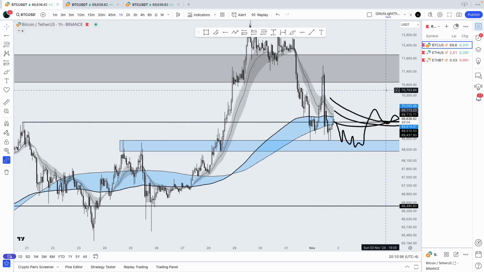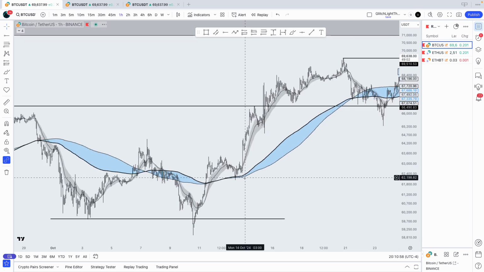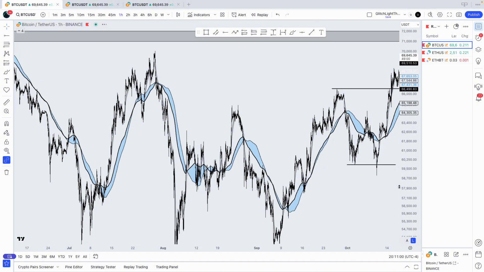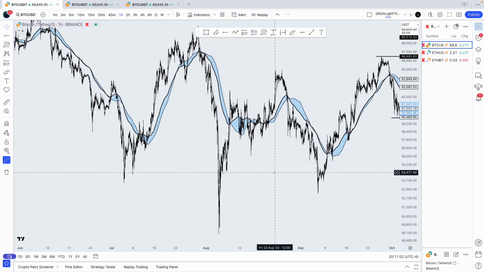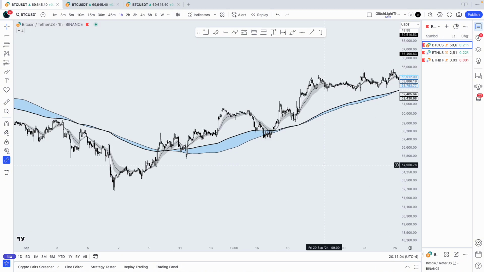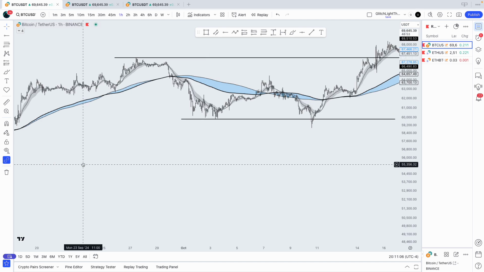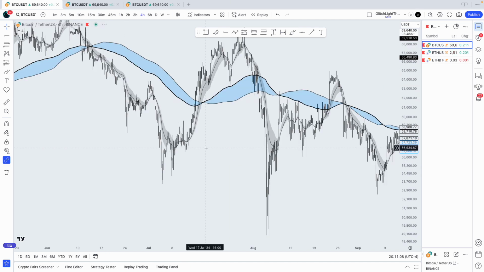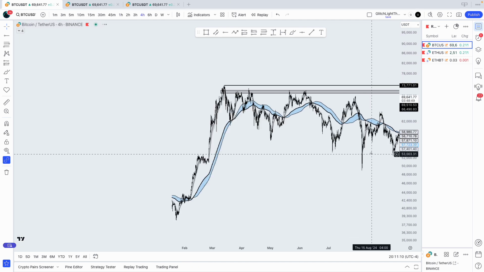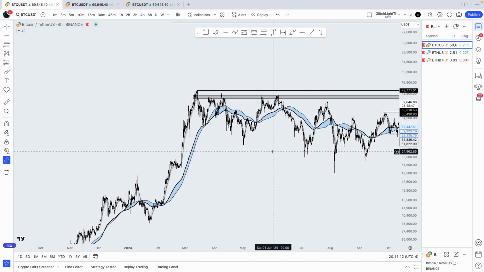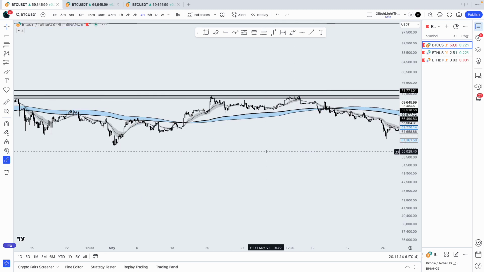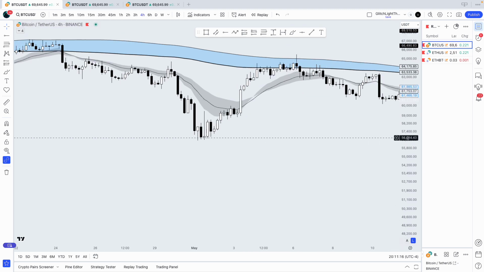is interesting. It reminds me of, where was this previous price action? I'm trying to remember now. There was a bottom that it put in that it reminded me of. Here. Reminds me of this price action right here.